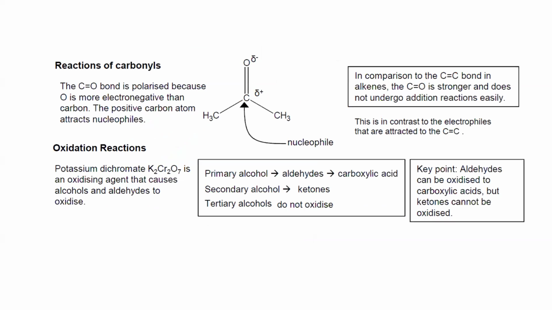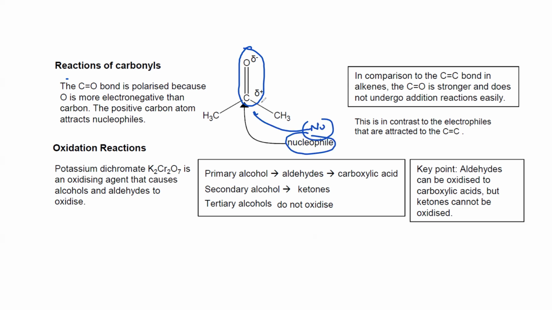Now we have the reactions. There are different reactions of aldehydes and ketones. For the reaction of the carbonyl, because of the difference in electronegativity, carbon is partial positive and the oxygen is partial negative. So the nucleophile can attack this positive carbon.